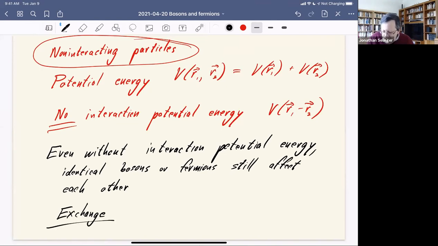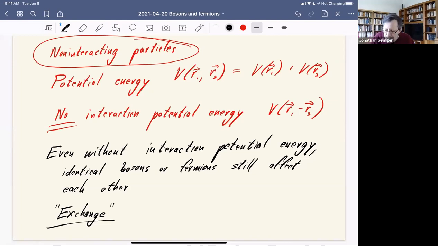It's called exchange because it comes from the symmetry under exchanging the labels. Because we have this symmetry or anti-symmetry under exchanging which thing we call particle 1 and which thing we call particle 2, that seems like it should just be a matter of labeling, but now we see that it actually has real physical consequences.